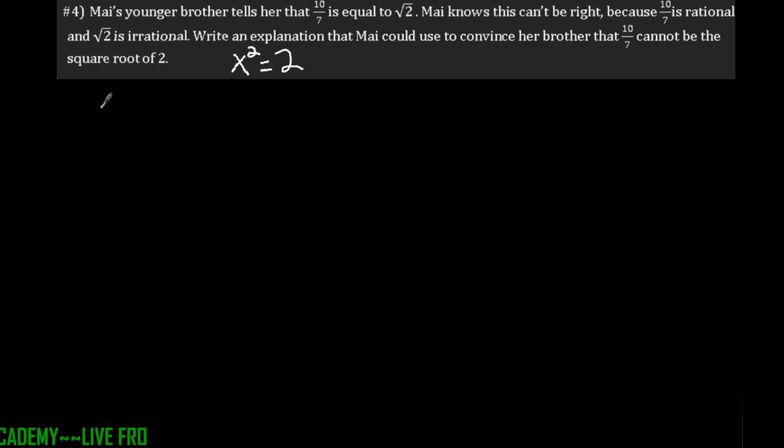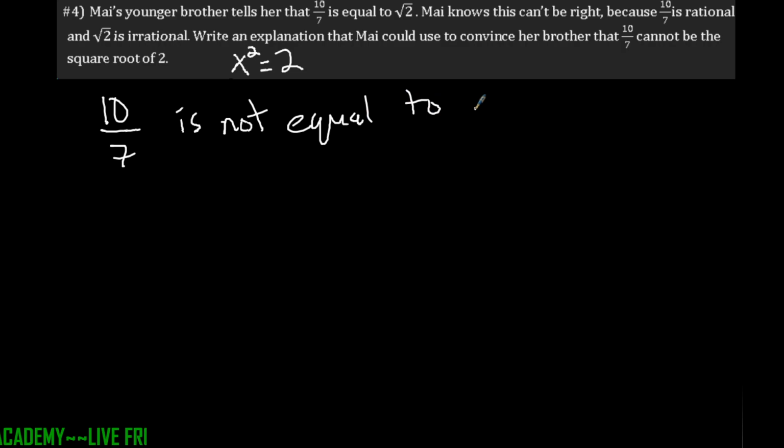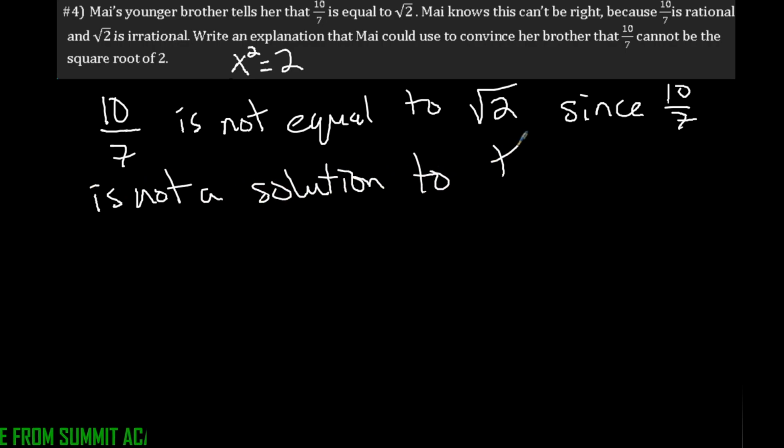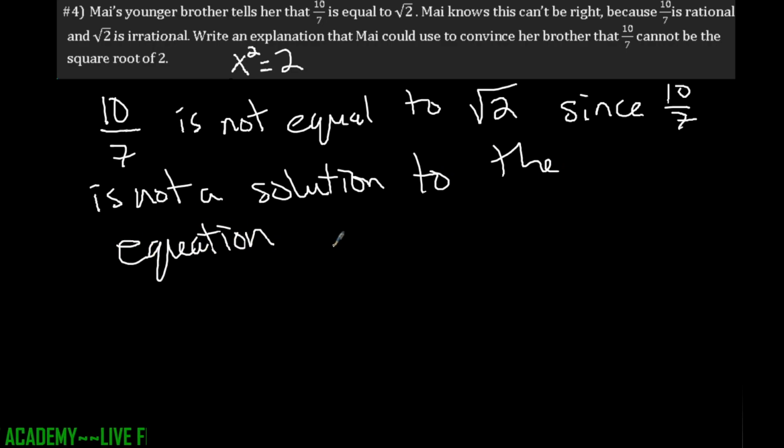So we're saying 10 over 7 is not equal to the square root of 2, since 10 over 7 is not a solution to the equation x squared equals just 2.